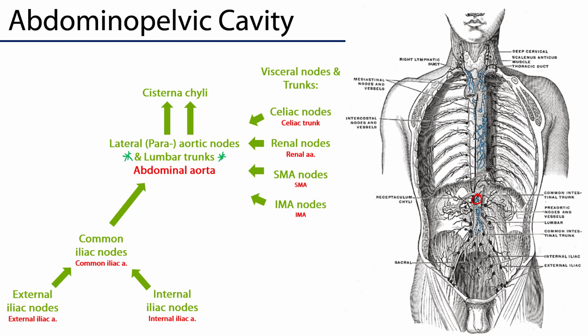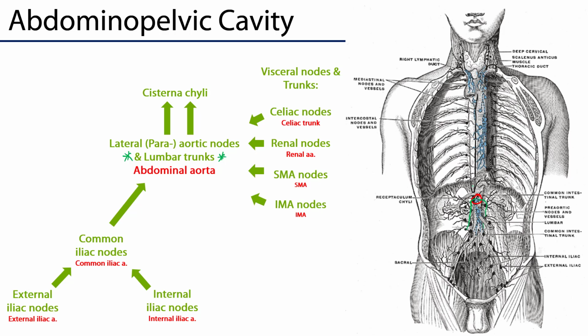So the lumbar trunks are going to be running alongside the aorta and inferior vena cava and are going to flow up and eventually feed into that cisterna chyli.